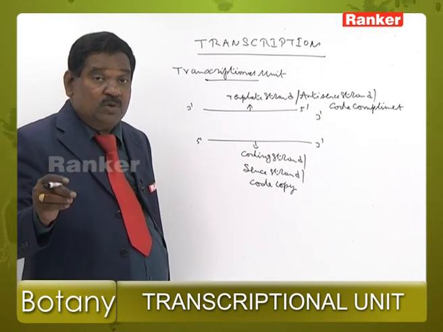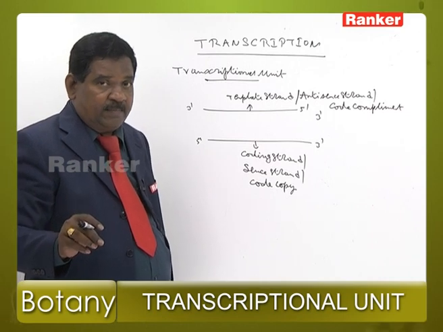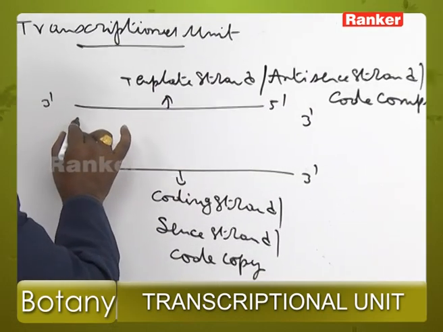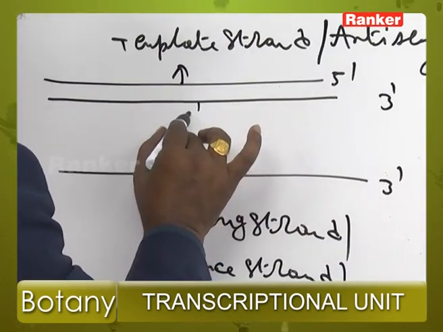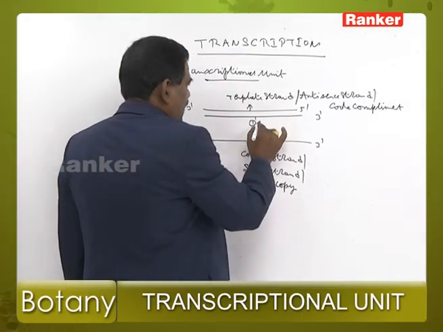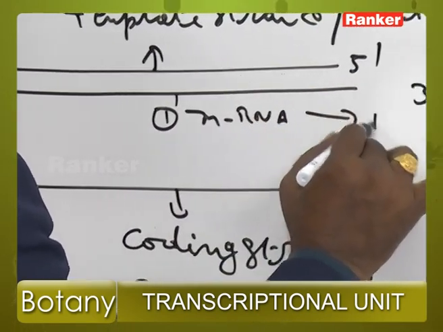What happens if the two strands are involved in the formation of mRNA? For example, the template strand produces one type of mRNA that produces the protein.